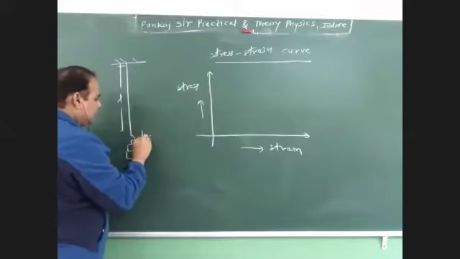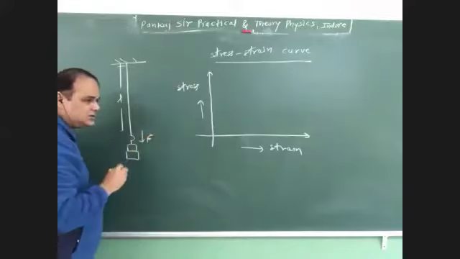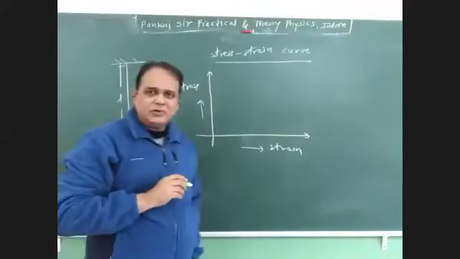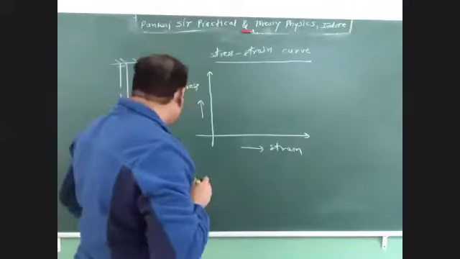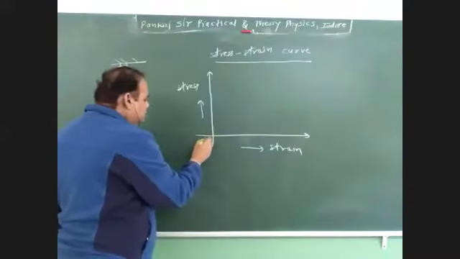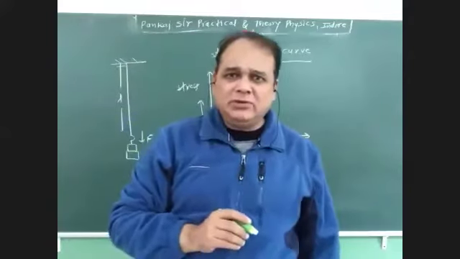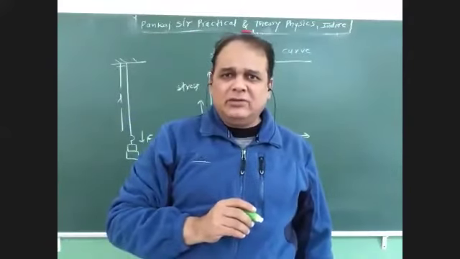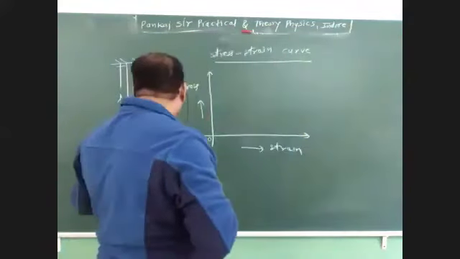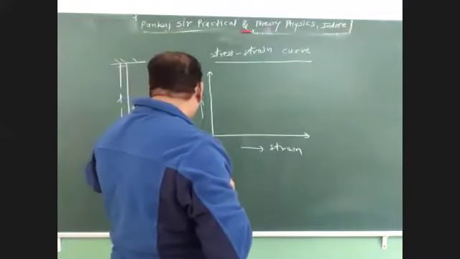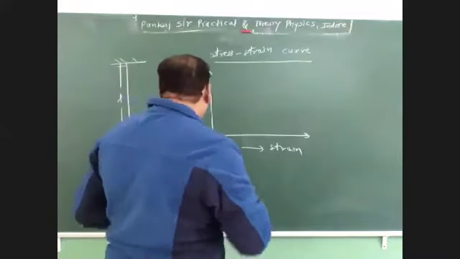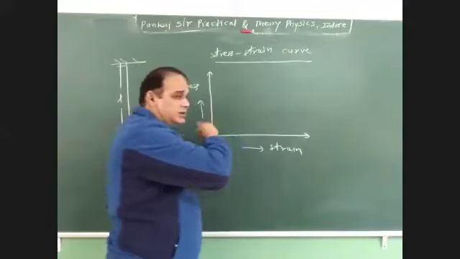We are applying force, that is nothing but stress. So initially, when force is zero, the length of wire remains the same. There is no change in the length of the wire. And when you increase the force or the load here, then the graph is just like this.